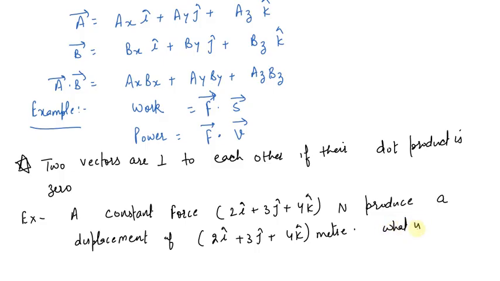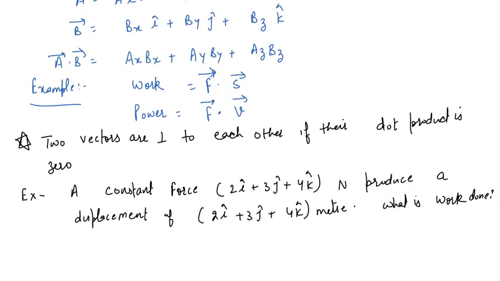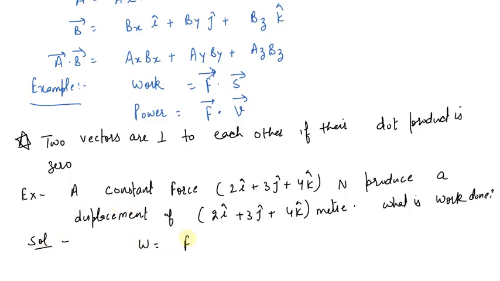What is work done? As we know, work is a scalar quantity. So work is equal to F dot S. We have to find the dot product.